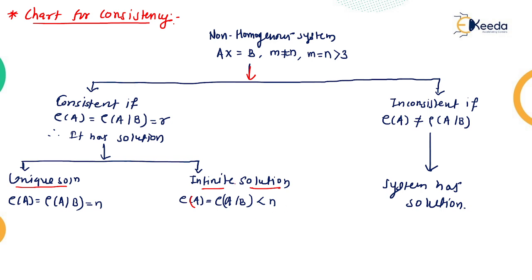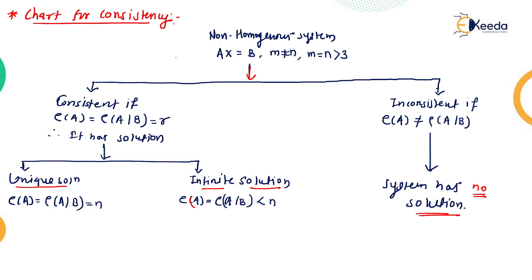And if it is inconsistent, then the rank does not match, meaning the rank of A is not equal to the rank of the augmented matrix, then clearly the system has no solution.